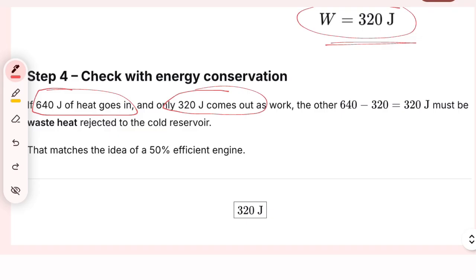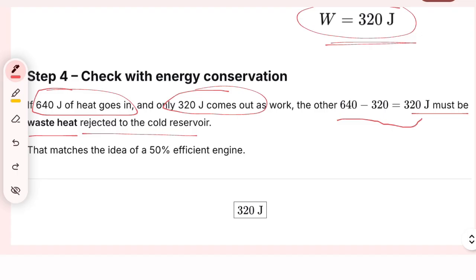What comes in as heat is 640 joules, but what comes out as work is only 320 joules. So where is the remaining 320? Because 640 minus 320 is 320 joules. The 320 joules must be the waste heat rejected to the cold reservoir. That is the heat that has been rejected and it went to the cold reservoir.